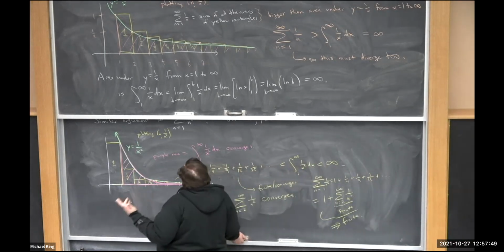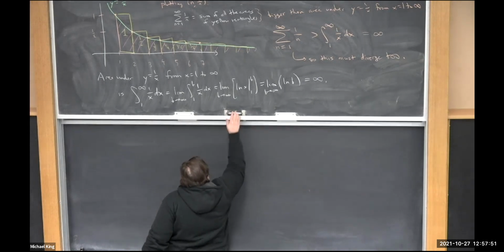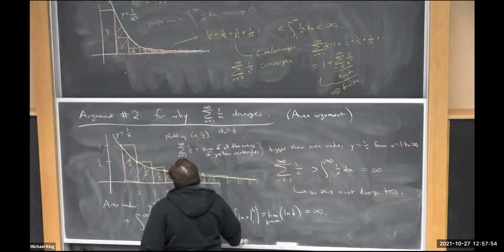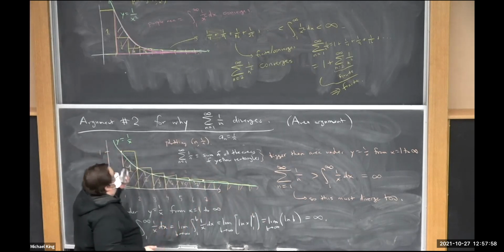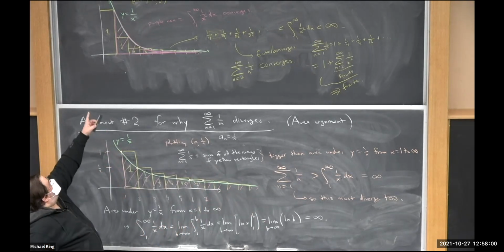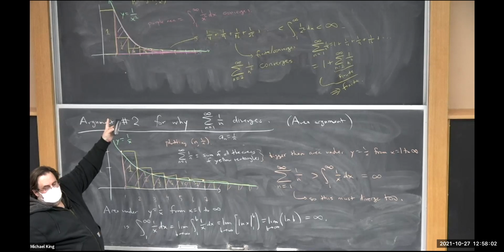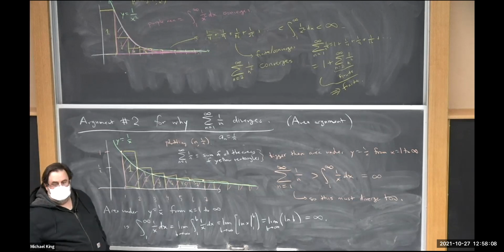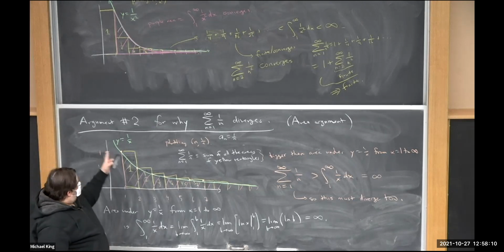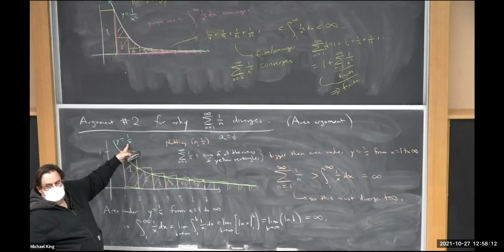So let me just state the p-test because it's the same test. Because we could do the same argument. What if I wanted to do 1 over n cubed? Well, I would just draw the exact same picture with 1 over x cubed instead of 1 over x squared, and it would be the exact argument. What if I wanted to do 1 over n to the 1/2, 1 over square root of n? Well, I could draw this picture, but with 1 over root x here.